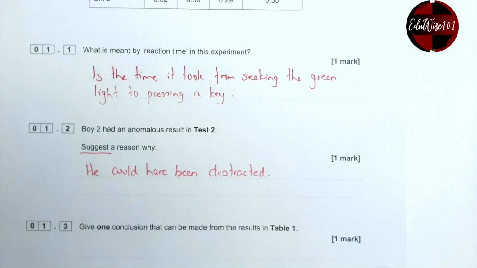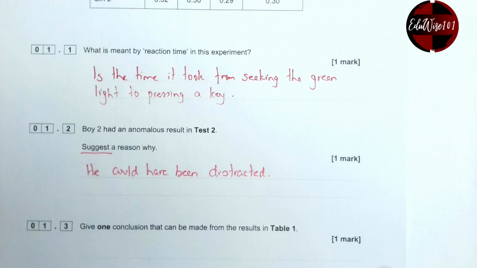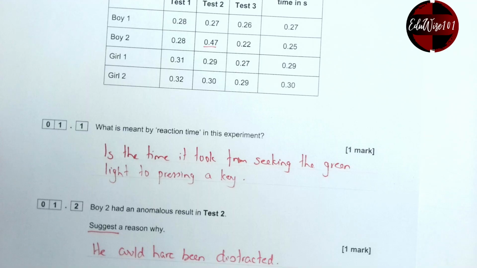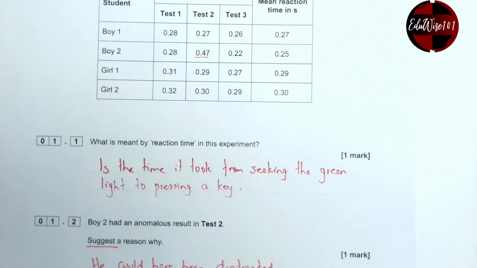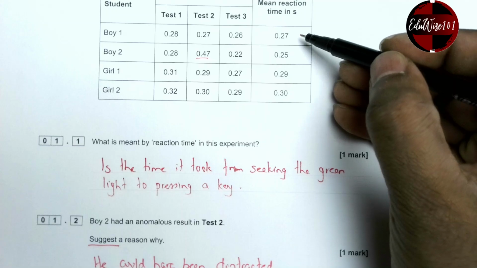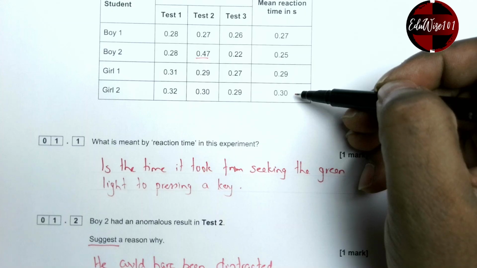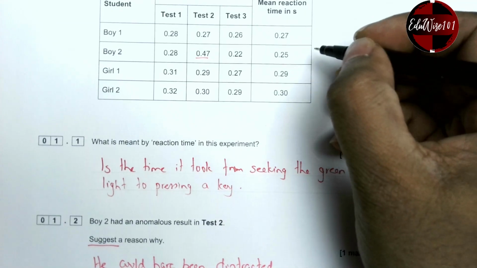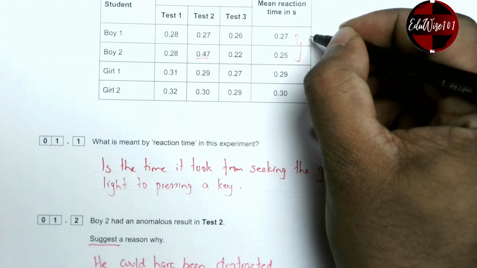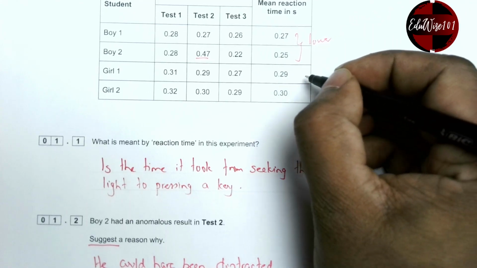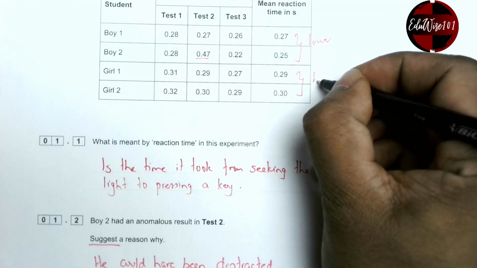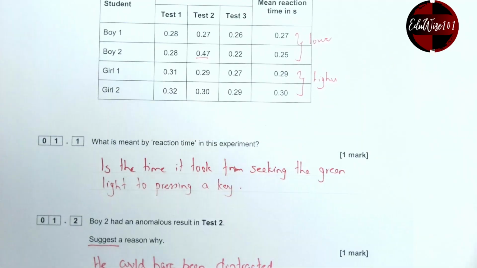Question 1.3. Give one conclusion that can be made from the results in table 1. So looking at the results, you can see that the boys' mean reaction time is lower than the girls'. So that's our first, right? This is lower compared to the girls.